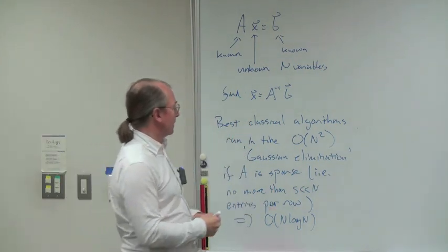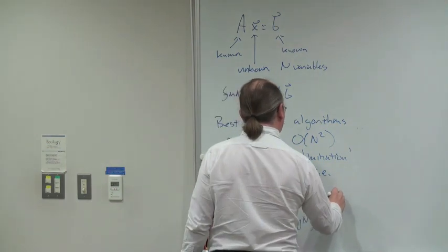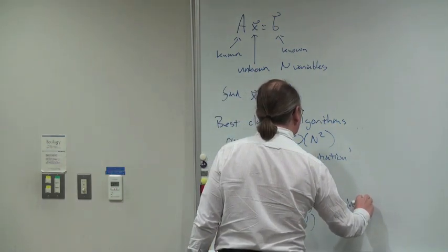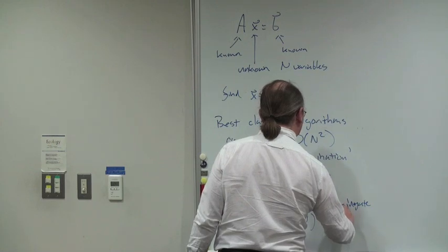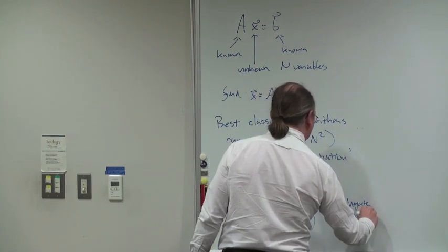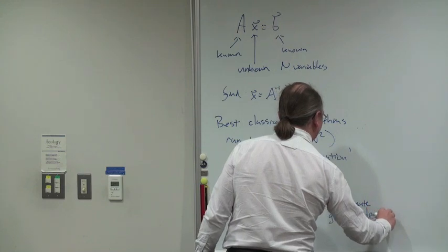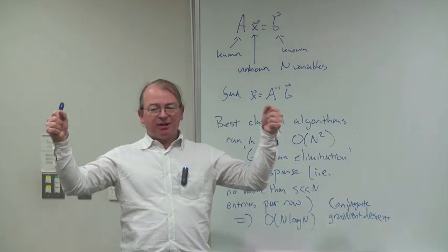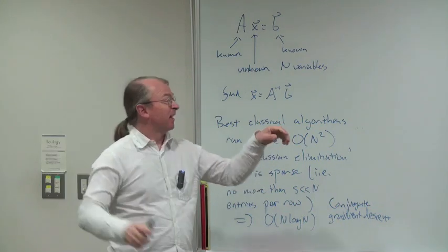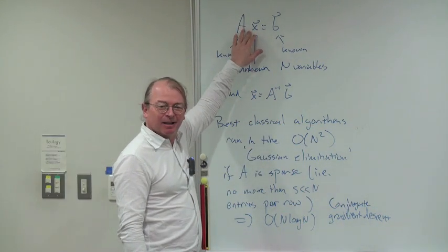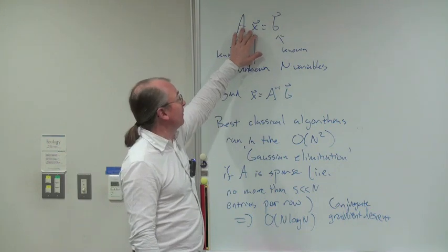And this is done via what's called conjugate gradient descent. What all that means is a fancy way of saying you try out a potential solution for X, and you say, oh, it's really not very good.